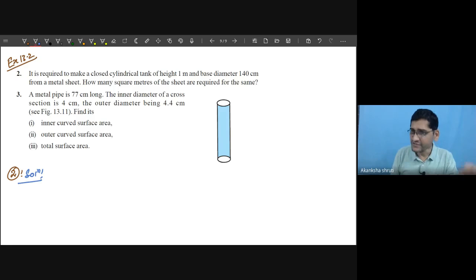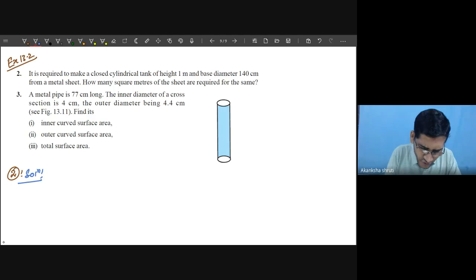Students, the very first thing, we have to draw the figure for this. Then what is required? For that we will search the applicable formula, then we will substitute to get it.